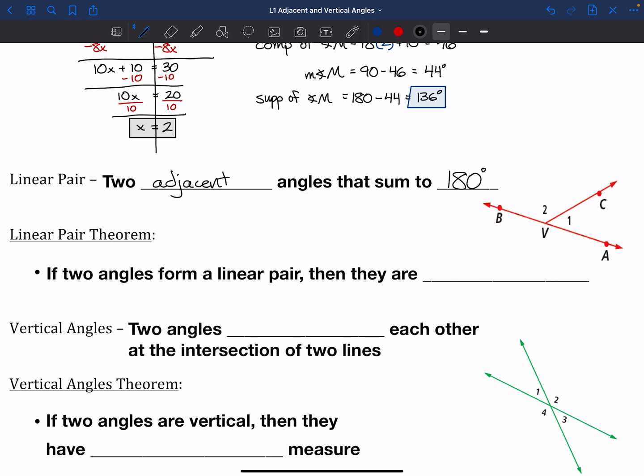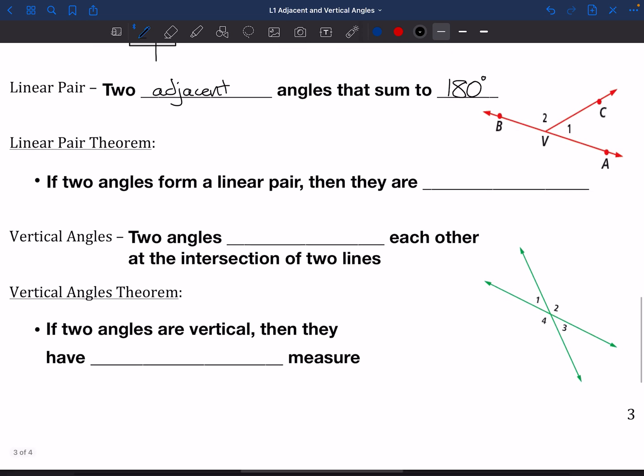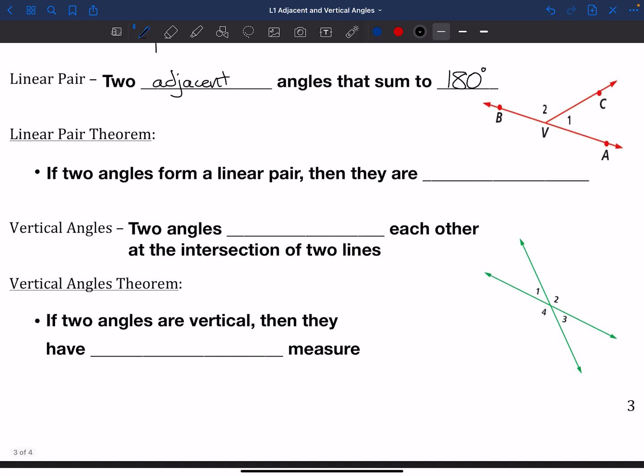That also kind of leads us into this linear pair theorem, right? So like I mentioned, theorems are something that we might use a little bit later on when we talk about proofs. So a linear pair theorem is telling me that if two angles form a linear pair, then they are supplementary. Right? And if you're thinking like, well, that's what it means when they add to 180, right?